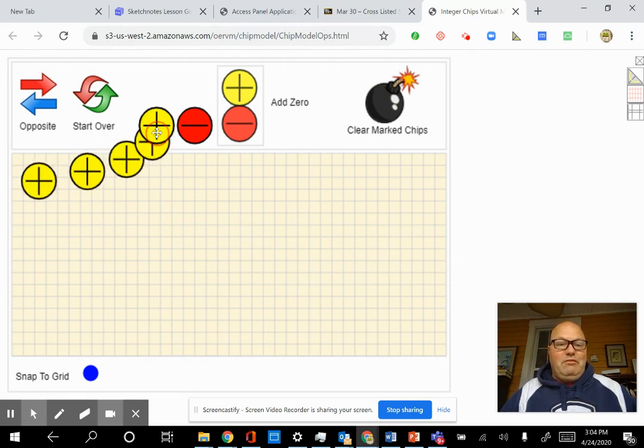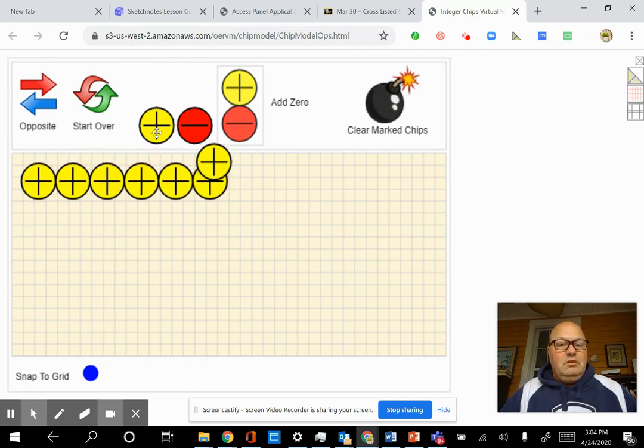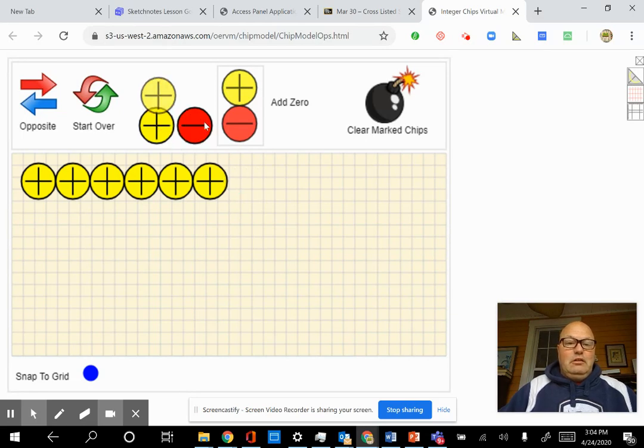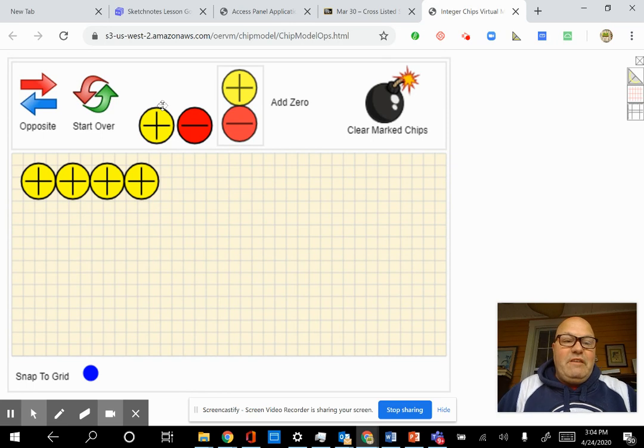So I'm going to start with 7. And basically, if I'm going to take away 3, 3 is a positive number, so it's very easy to take them away. 1, 2, 3. So 7 minus 3 equals 4. But of course you knew that already.